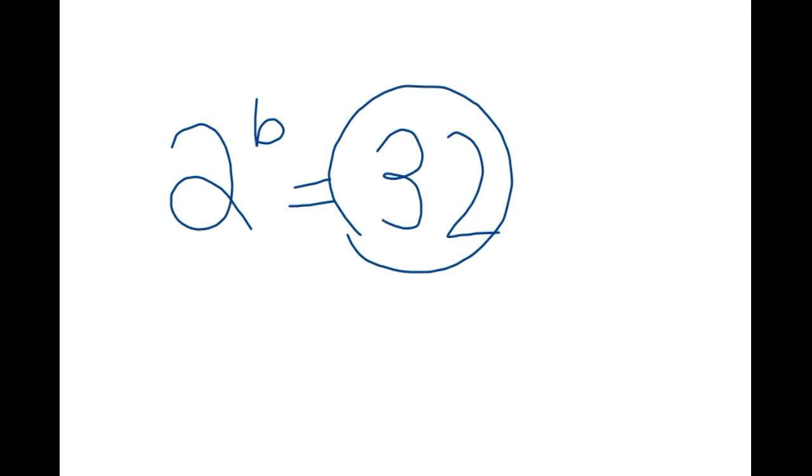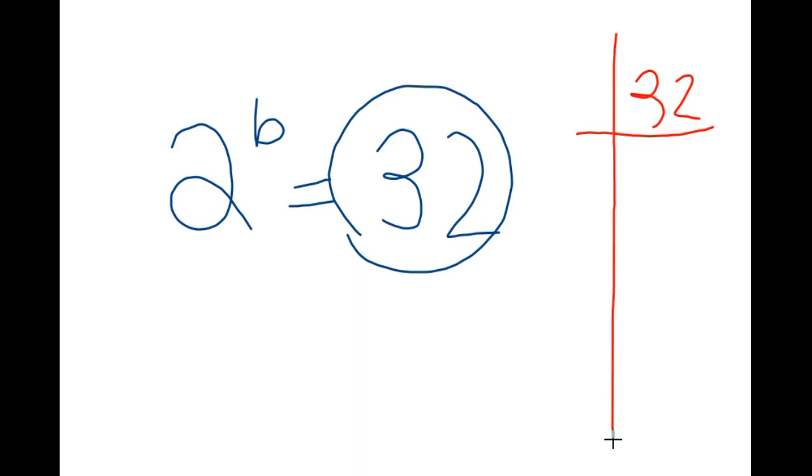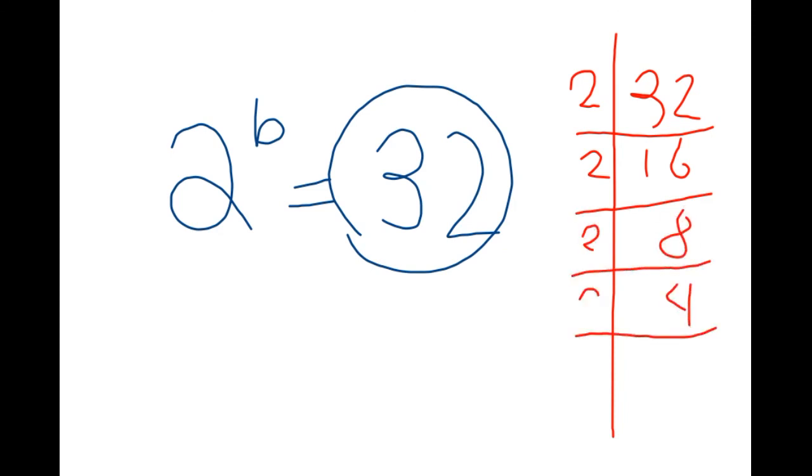That means again we have to use the factorization method to see how many times 2 has to multiply by itself to make 32. 2 16s are 32, 2 8s are 16, 2 4s are 8, 2 2s are 4, 2 1 is 2. That makes 2 times 2 is 4, 4 times 2 is 8, 8 times 2 is 16, 16 times 2 is 32.